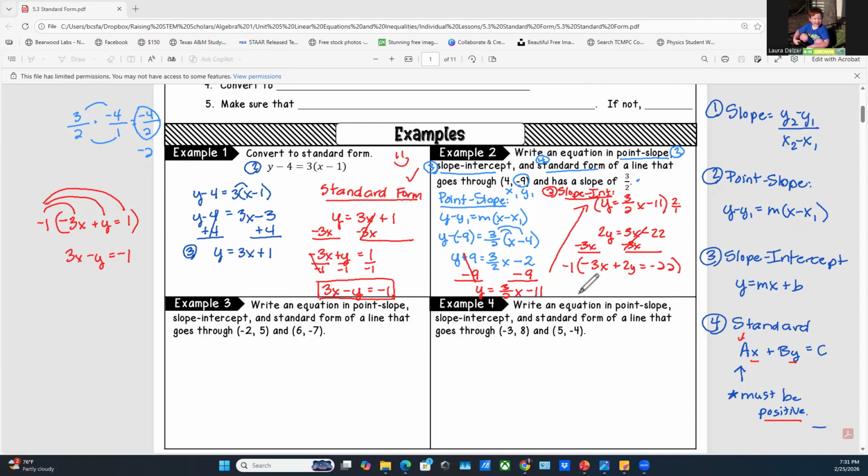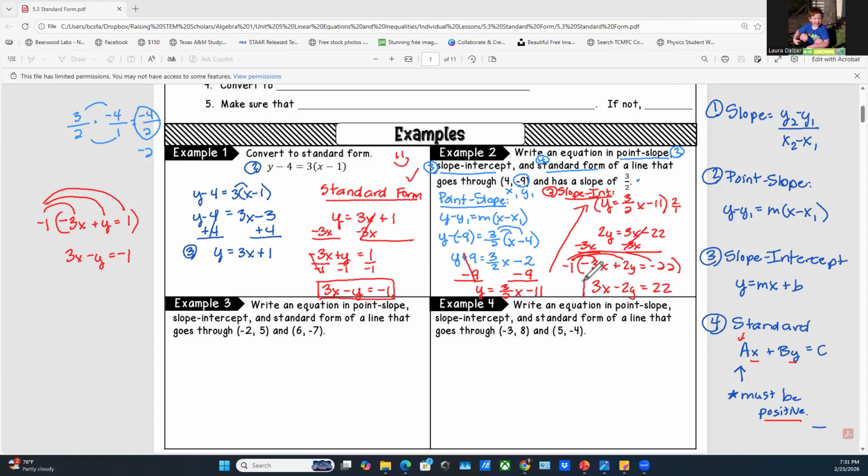So when we do that, negative 1 times negative 3x is going to give us 3x. Negative 1 times 2y is going to give me negative 2y. Negative 1 times negative 22 is going to give us positive 22.